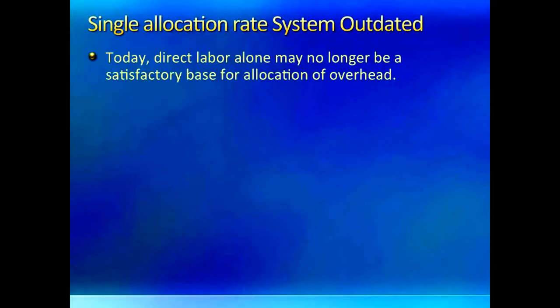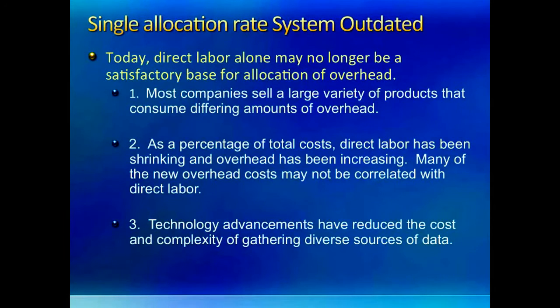In today's environment, the simple method we have learned so far to cost products may not give us good results. These days, companies produce a variety of products or serve clients of different sizes. Also, direct labor has been shrinking in importance due to automation, and manufacturing overheads as a percentage of total manufacturing costs is increasing.